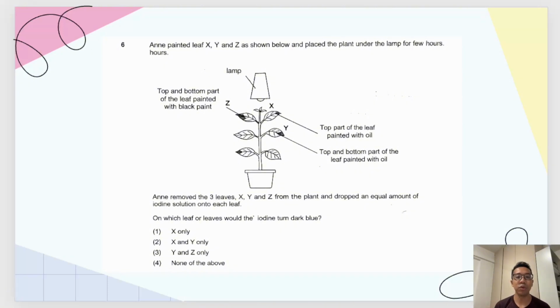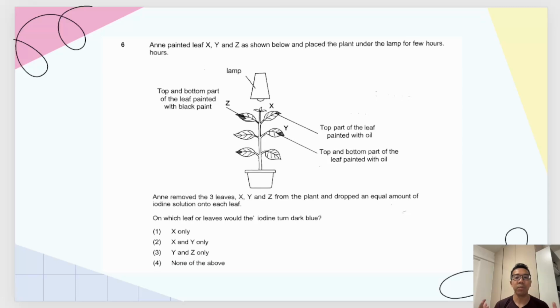Next, let's move on to leaf X. Leaf X is painted on the top part with oil. As we've mentioned earlier, the leaf would need light energy to interact with the chlorophyll on the top side of the leaf, and the leaf would require the taking in of carbon dioxide via the stomata from the underside of the leaf.